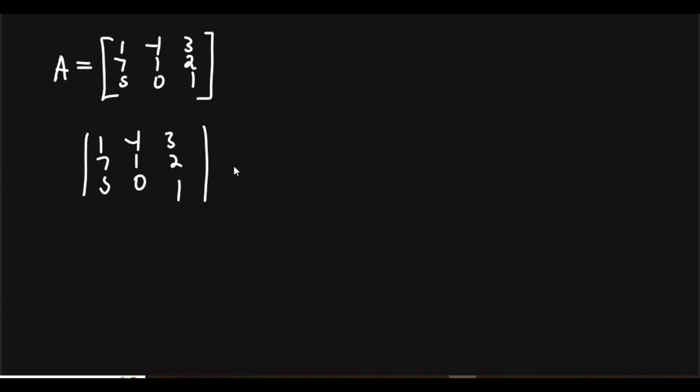The aim of this method is to create a triangular matrix, a lower triangular matrix. So what am I going to do from here? I can see that if I say row 3 minus 5 times row 1 to give me the new row 3, what am I going to get?